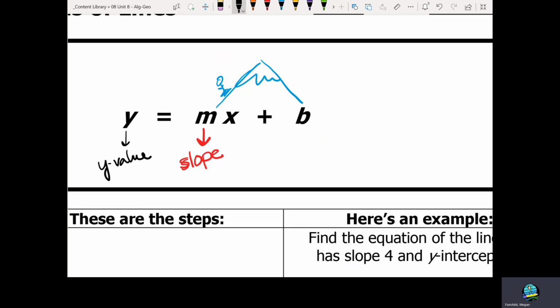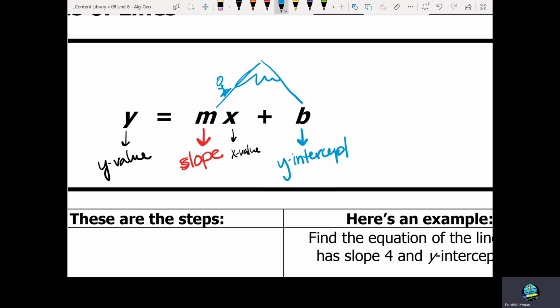The X is the X. That's the X value. And then the B, anybody remember? That's where it's placed on the y-axis. It's like placed on the y-axis. Yeah, we call that the y-intercept.